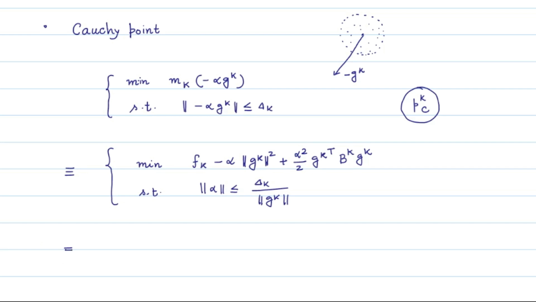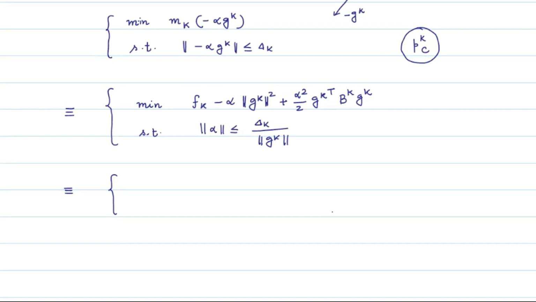Now, solution to this problem can be found as follows. We notice that if we go for finding an unconstrained minimum of this objective function, then that unconstrained minimum is at this point, say alpha ku.